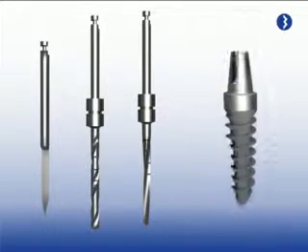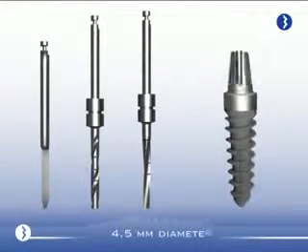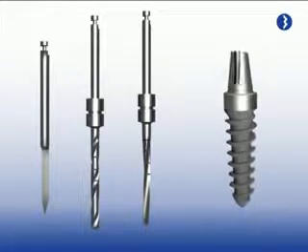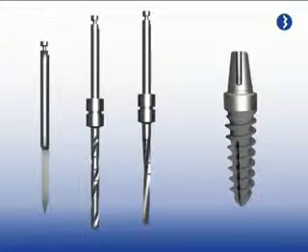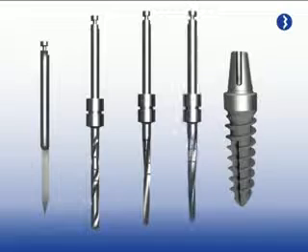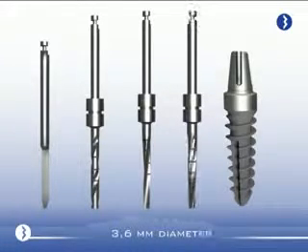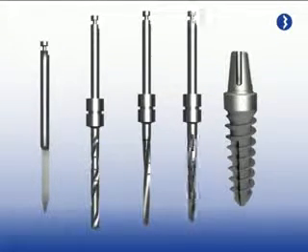If you decide to insert a 4.5mm diameter implant, Q1, Q3 or Q2, after the common sequence, a 3.6mm drill can be used. We can also use other intermediate drills if required.